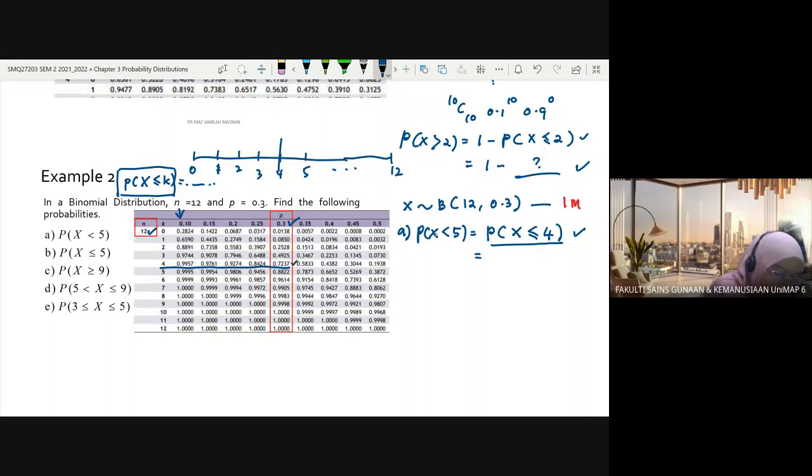So directly your answer is 0.7237. If we transform this into percentages, this will be 72%. 72% of what? 72% chance that less than 5 successes will occur.